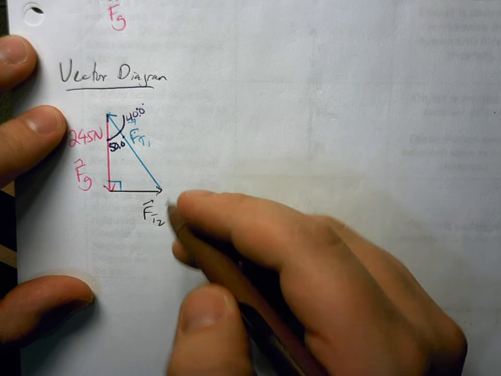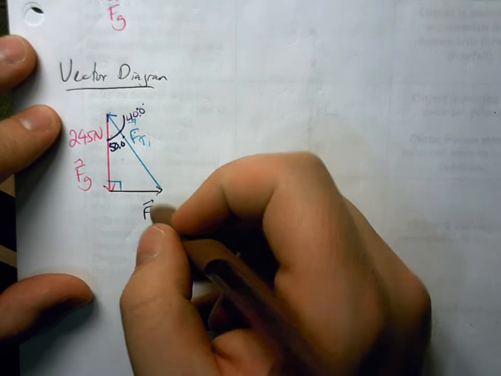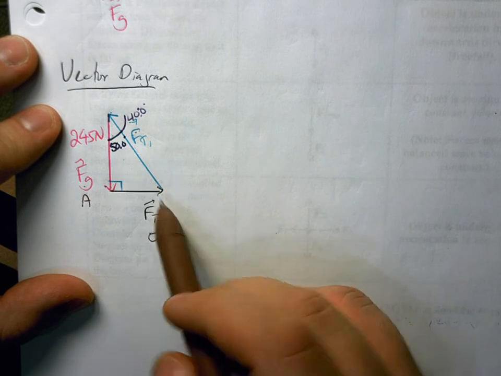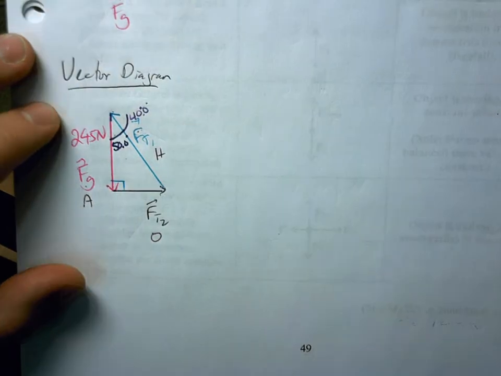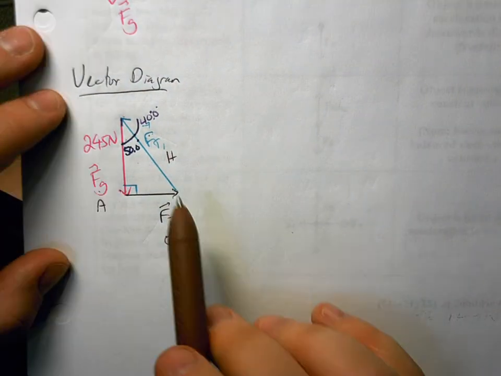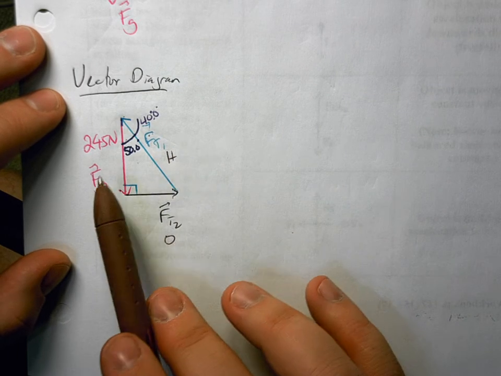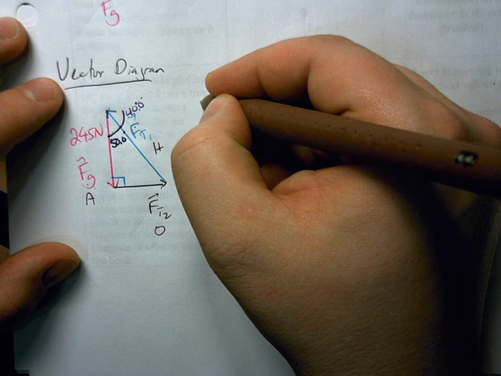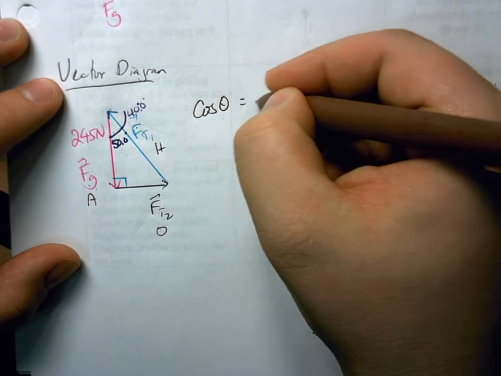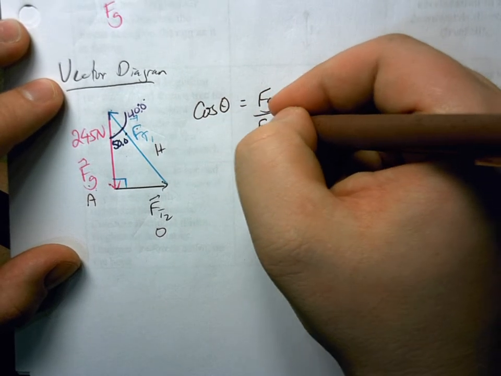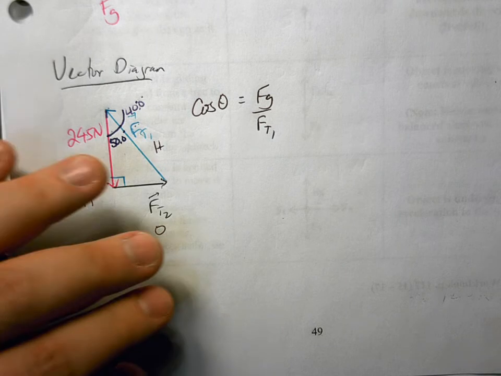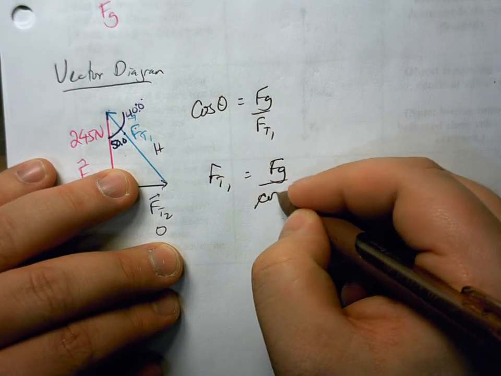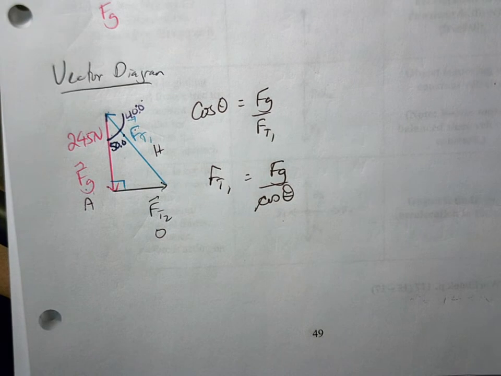I know this side is going to be my opposite. FG is going to be my adjacent. And then FT1 is going to be my hypotenuse. So to find FT1, I know my adjacent and I have my hypotenuse. So cos of my angle is going to be FG divided by FT1, or I could say that FT1 is FG divided by cos of my angle.